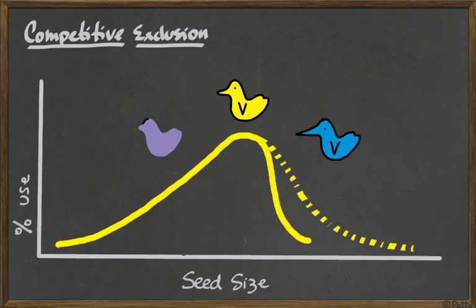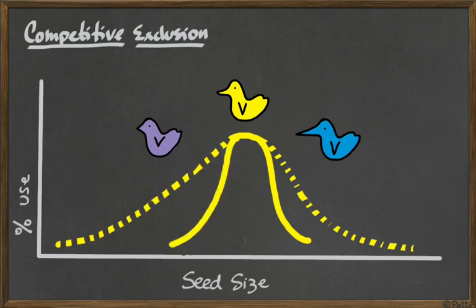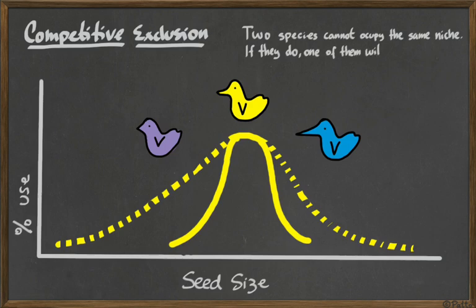And as well, a small beak bird, the purple one, arrived and ends up out-competing the yellow bird in the small seed size of the niche. So in this case here, the yellow bird has been out-competed in part of its fundamental niche by the blue on one side, by the purple on the other side.